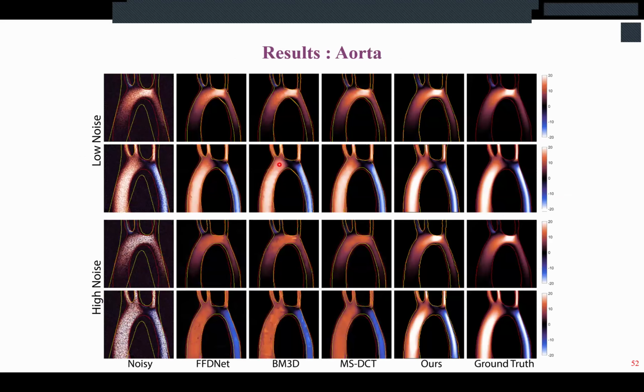We also tested our method on a somewhat more complex geometry. We again compared with conventional denoising methods. You can see that with very high noise, the conventional methods just smooth out everything, and of course it doesn't satisfy the Navier Stokes equations, while ours illustrates good visual results.